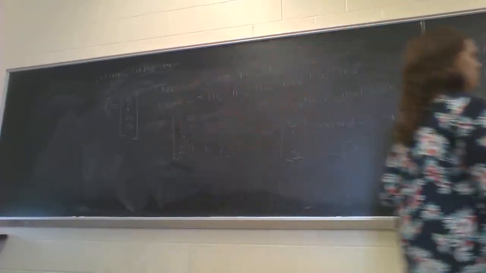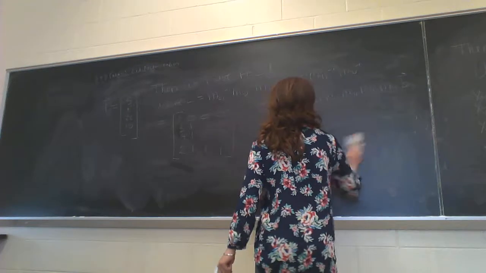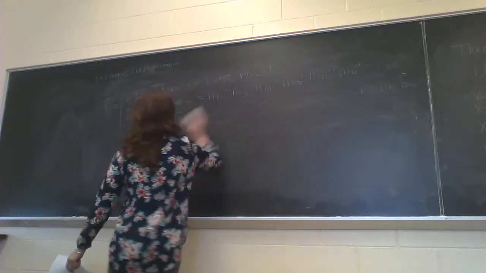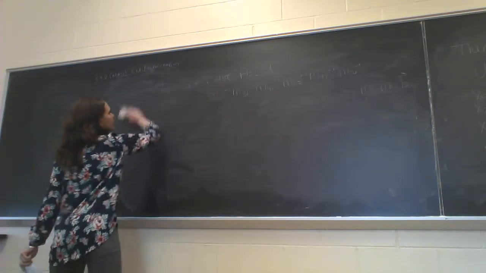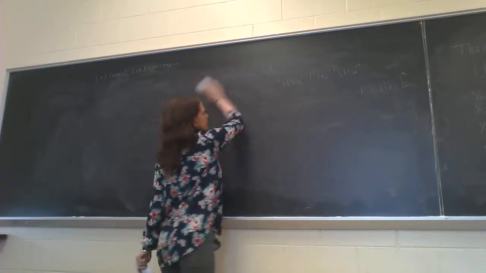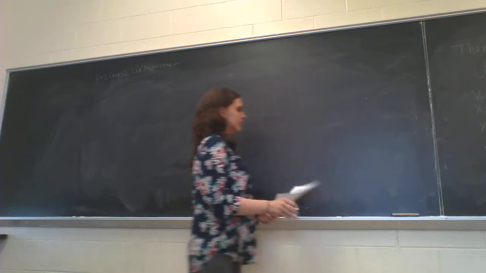So now that we've talked about how to find the LU factorization, we want to talk about when does it actually exist and is it unique? So if we're discussing when it exists, that means there are times when the LU factorization does not exist.